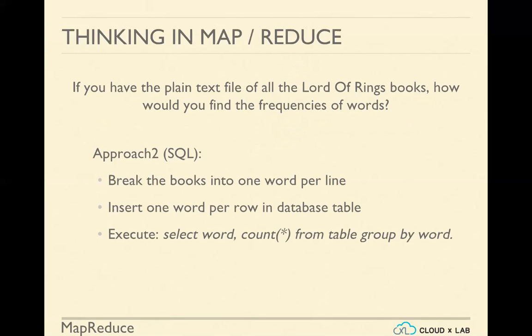You'll create a temp table, as suggested by Isha, with only one column, and in that one column will be one word. Then we will do select word comma count star from the table group by word. So basically we group the data by the word and then do the count star for each word. Is it clear now?